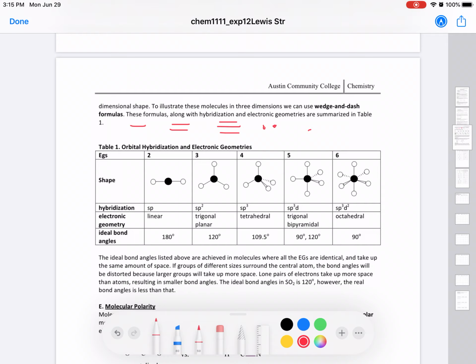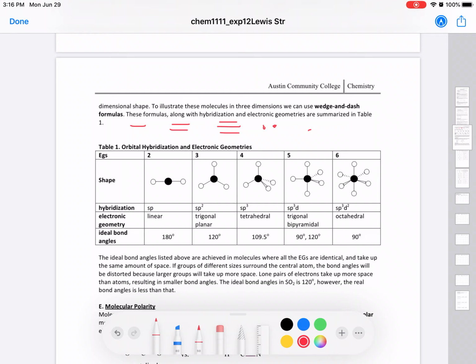They are all considered electron groups. So if you have 2 electron groups, this is the shape that you can see, and their hybridization is going to be sp. And if you have 3 electron groups, hybridization would be sp2.